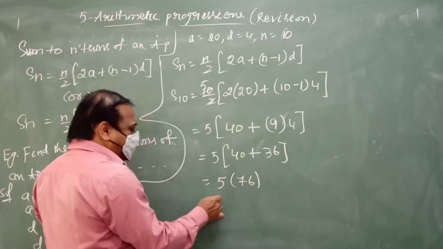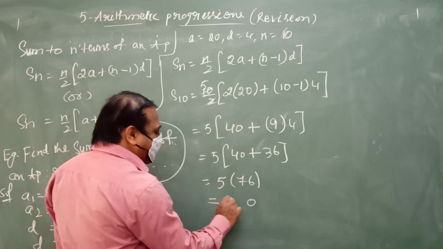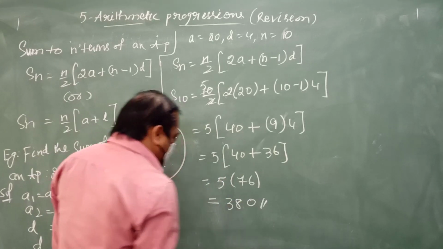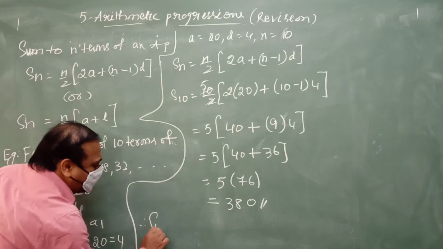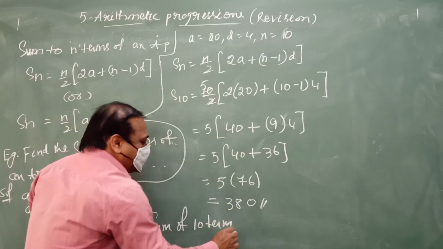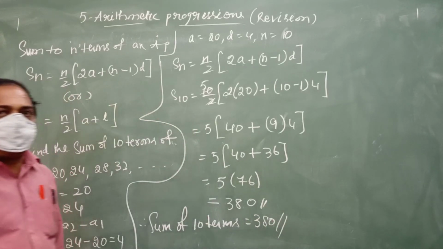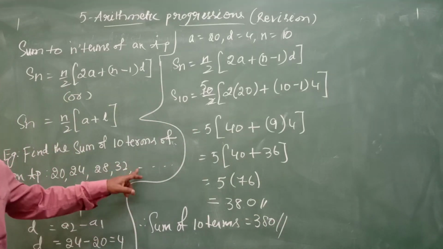So 5 into 76: 5 6s are 30, 5 7s are 35 plus 3, 380. Therefore, the sum of 10 terms is equal to 380.